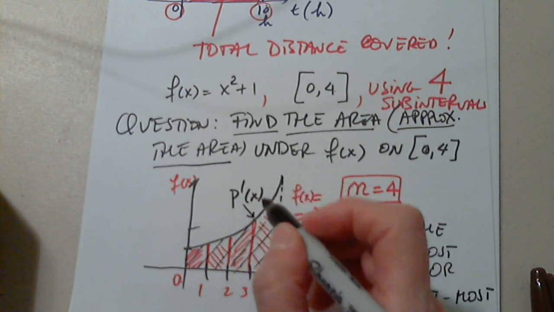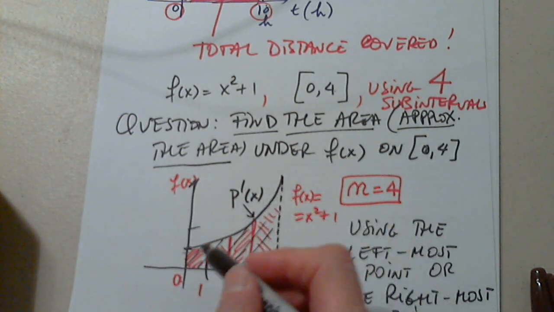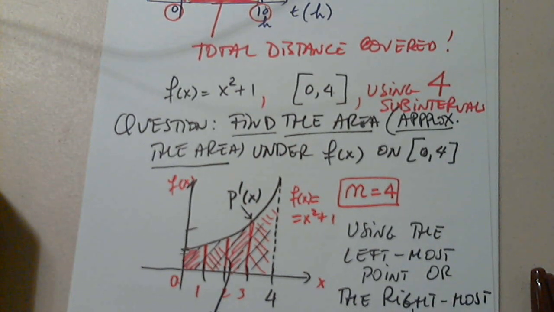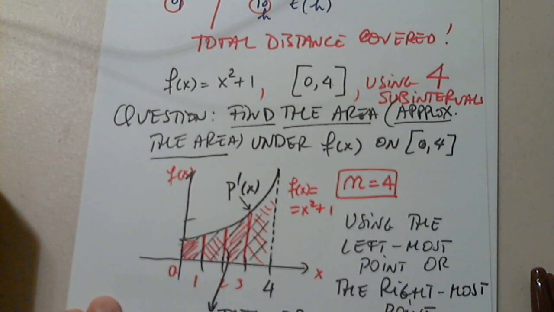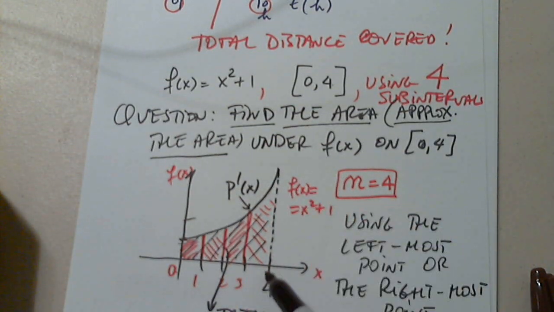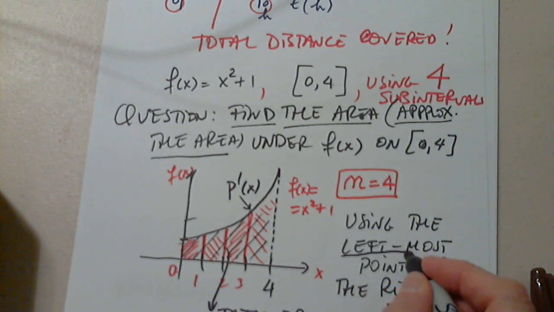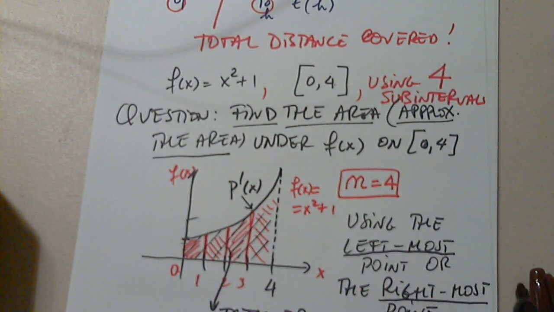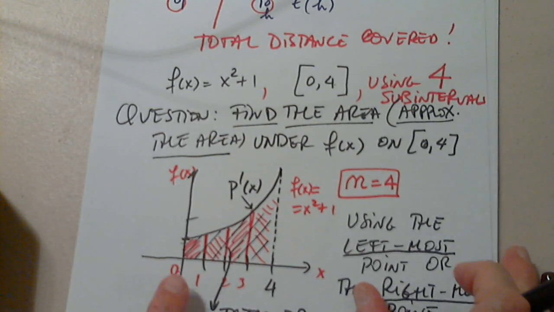So if this function is p prime of x, then this whole area will be the total profit. If this is the marginal cost, finding this area will give us the total cost, and so on and so forth. Okay, now let's establish what the leftmost point means, and what the rightmost point means. I'm going to graph it again. I'm not going to put anything else on that graph.